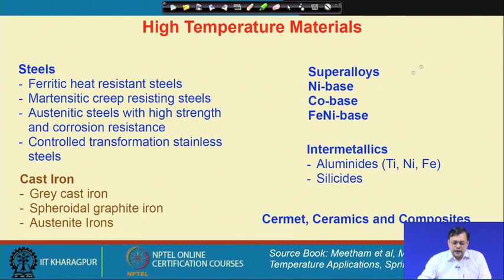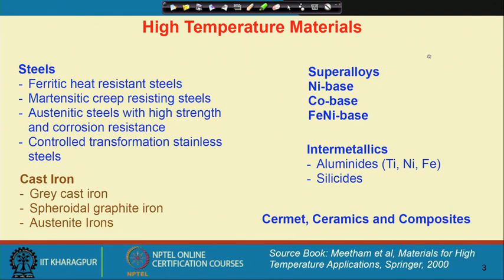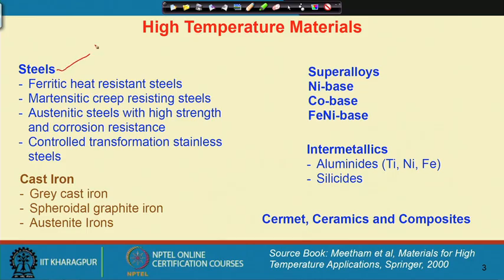Now, let us see how, from very common alloys, different high temperature alloys have evolved. We all know about steels, right. Steel is basically an alloy of iron and carbon. However, alloyed steels are used for other important engineering applications.